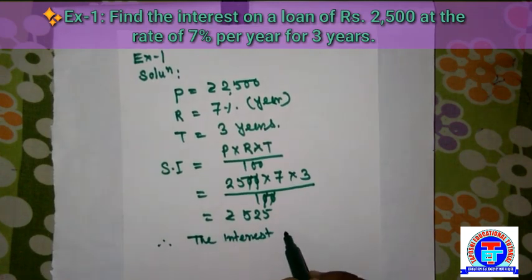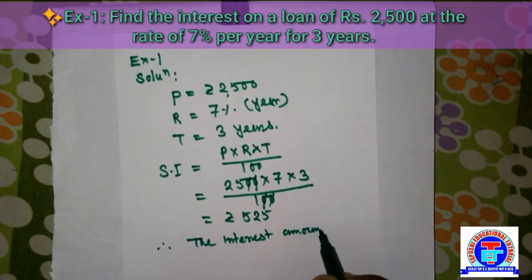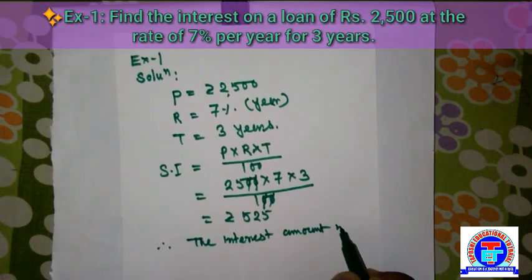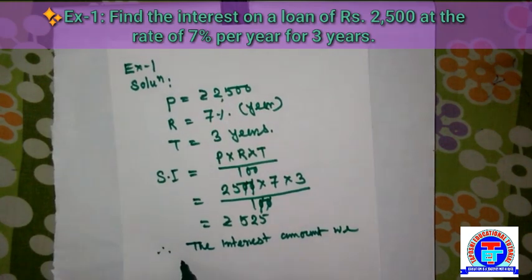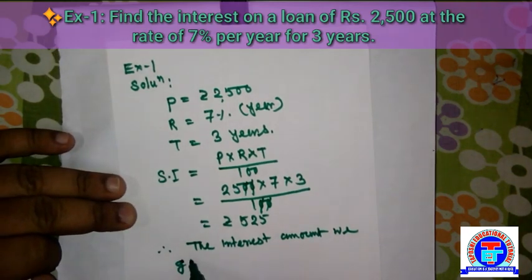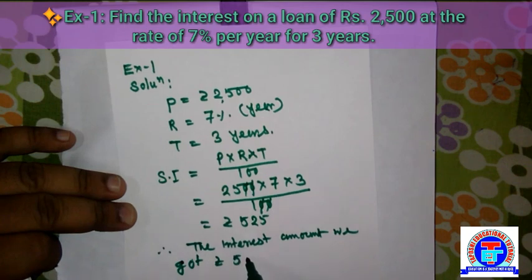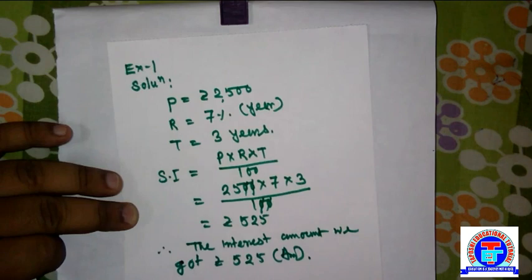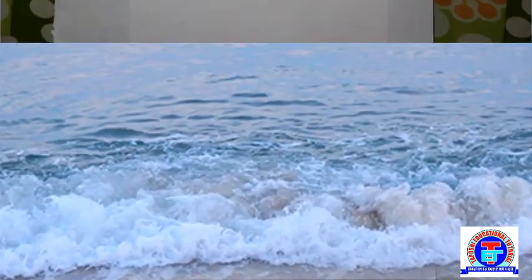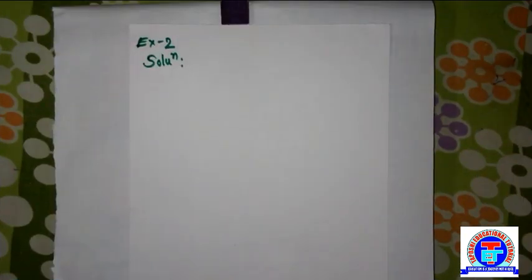So, therefore the interest amount we got is rupees 525. This is the answer. I hope, student. Now problem number 2.